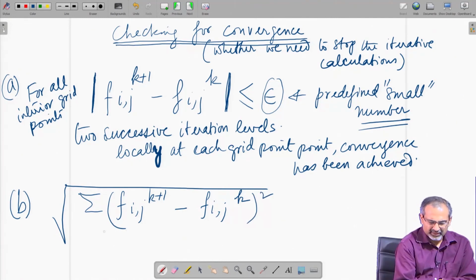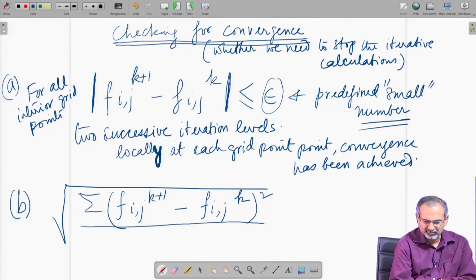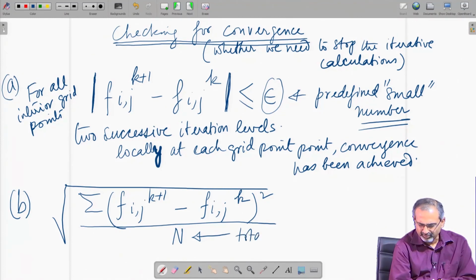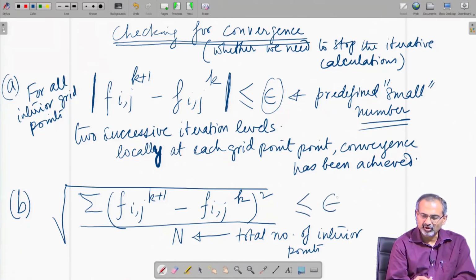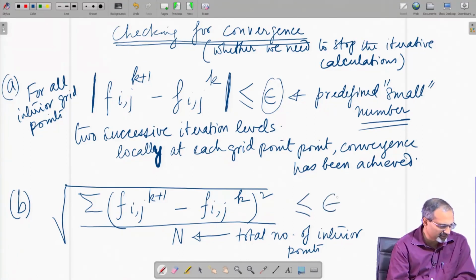Again we take the difference between the functional values, we square them up and we sum over all the interior points, and if the total number of interior points happens to be capital N, then we divide by that number and we again check whether this remains smaller than a predefined small number.